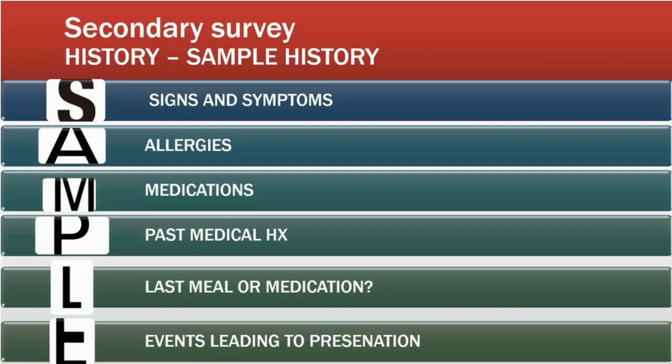Do they have any diseases such as hypothyroidism, congenital heart defects, etc.? Any past surgical history, such as any complications of heart surgery, any travel history, such as malaria, etc.? When was the last meal or medication, and what were the events leading to the presentation?